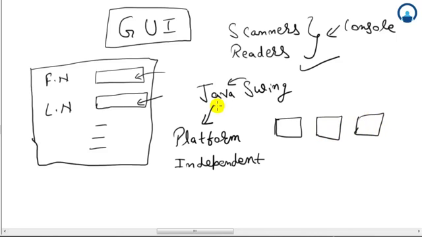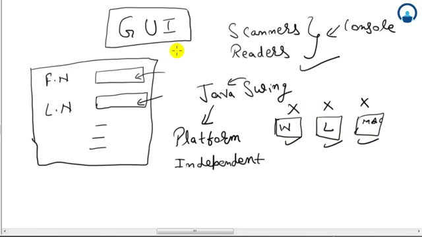and we have various types of operating systems. We have Windows, we have Linux, we have Mac OS X. The advantage of Java is that Java is platform independent. It means it does not depend on the base platform, be it Windows, Linux, or Mac, it will get executed on all the platforms.